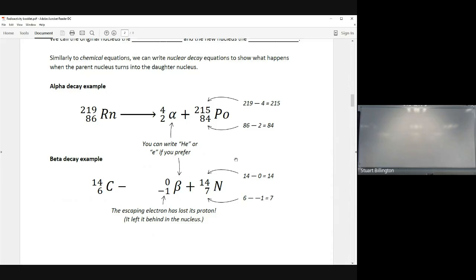So you can see that the protons went up by 1. The 6 turns into a 7. However, the 14 doesn't change, because we lose a neutron, but we gain a proton. And the 14 is just the total number of neutrons and protons. So the neutrons went down one, the protons went up one. Overall, it cancelled out, and we've still got 14 protons and neutrons.